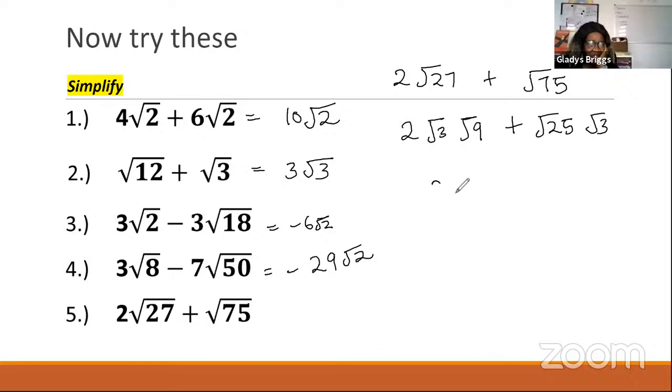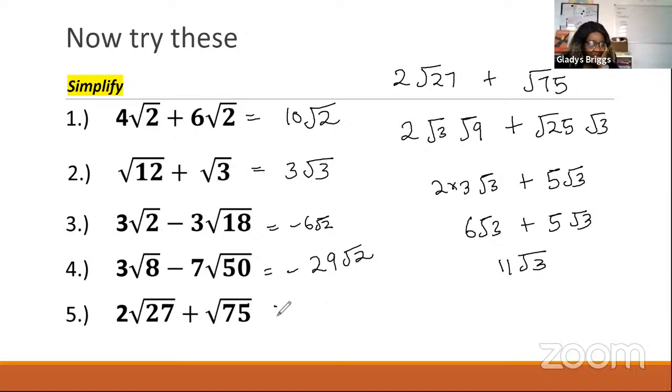This is equal to 2 times 3 times root 3, add 5 times root 3. 6 root 3 plus 5 root 3 is equal to 11 root 3. Is that what we got? Well done. Okay, so those are the answers for the addition.